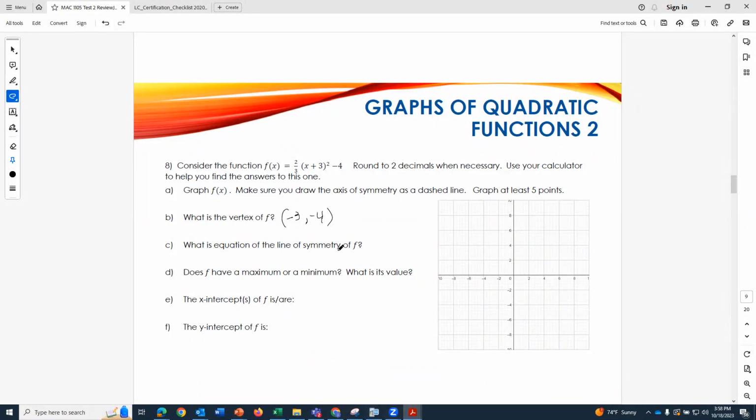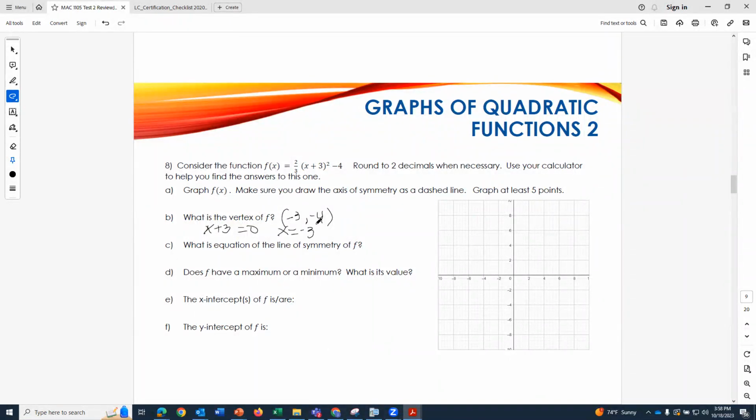What is the equation of this axis of symmetry, the symmetry line? The symmetry line is given by the horizontal shifting. The horizontal shifting is x plus 3, and you make it 0, and solving for x, that will be x equals -3.